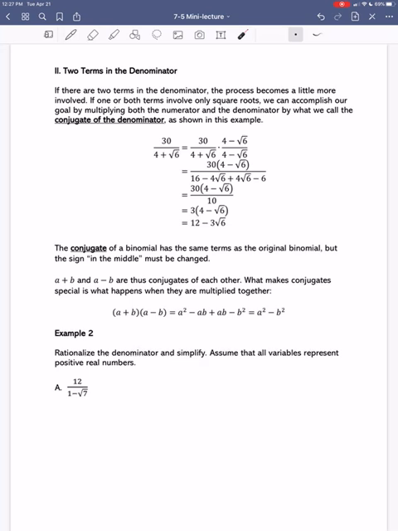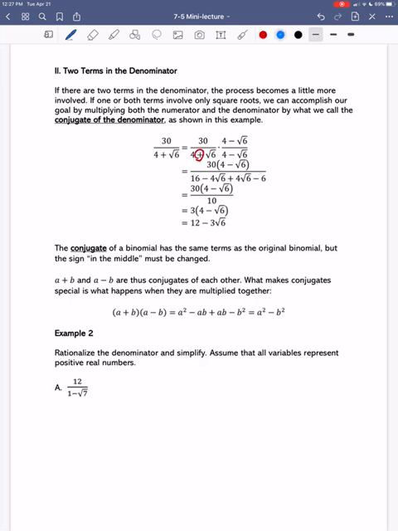So what we end up doing in this case, when we have 2 terms in the denominator and at least one of them has a square root, we multiply top and bottom by what's called the conjugate of the denominator, and we'll talk more about that later. So here I've got 4 plus the square root of 6. That's what I started with.